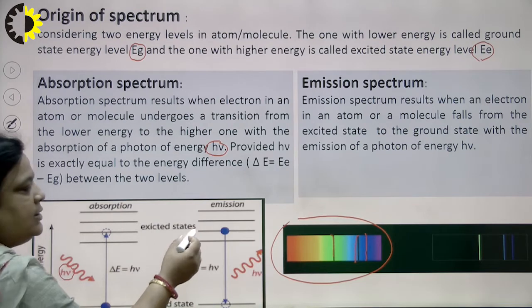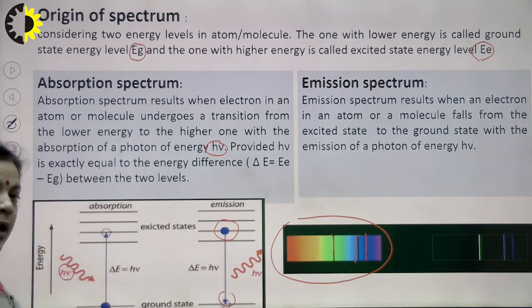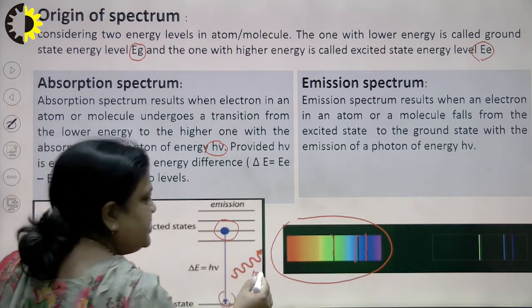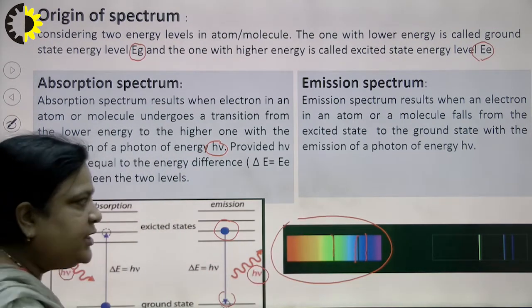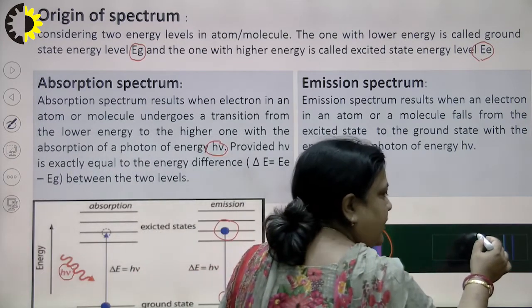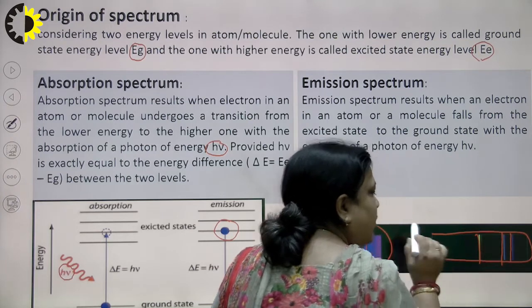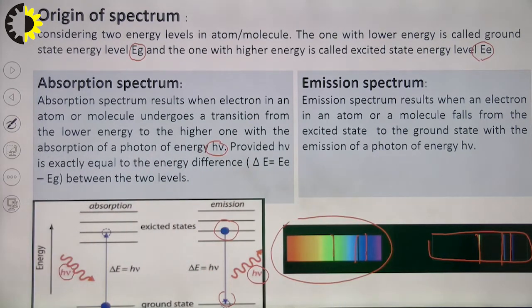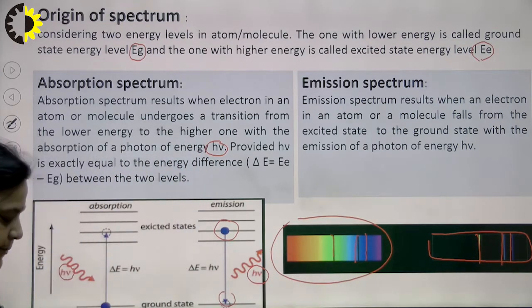And when the electron jumps from a higher state to a lower energy state, it emits energy equal to h nu, and here we get the emission spectrum. In an emission spectrum, the emitted line appears as a colored line in a band of dark color. So, this is the absorption spectrum and this is the emission spectrum.